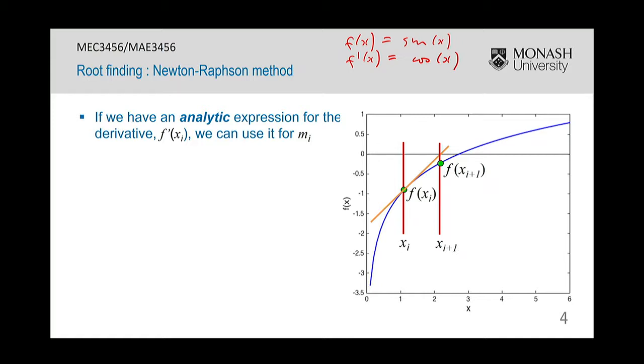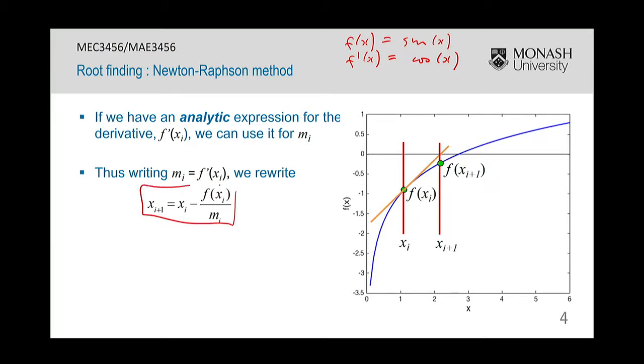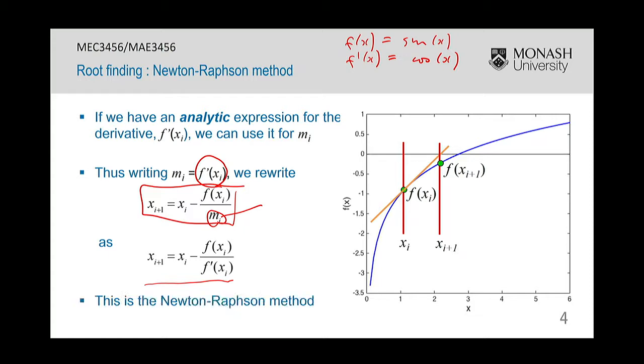So if we have that, we can use it for the slope mi. In our generic formula, we replace mi by the analytic expression for f dashed, and we come up with the Newton-Raphson formula: xi plus 1 is equal to xi minus the function value at xi divided by the slope of the function at xi. That is the Newton-Raphson method. We've all used that one before.